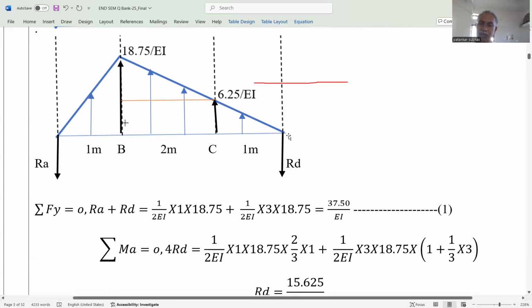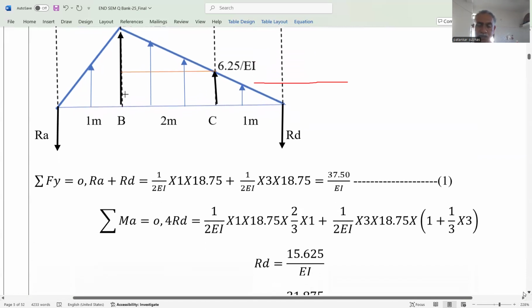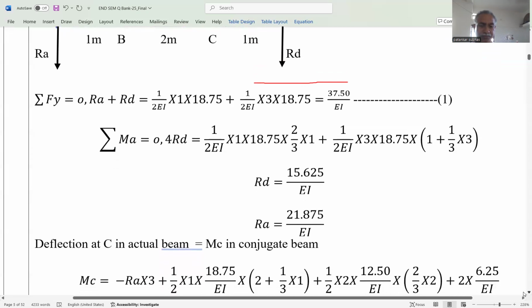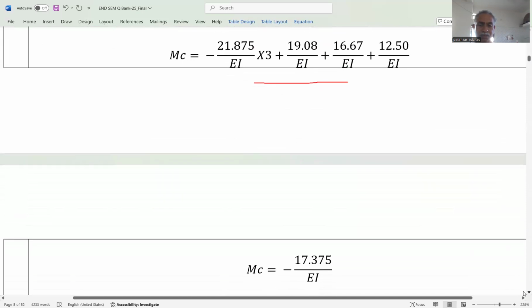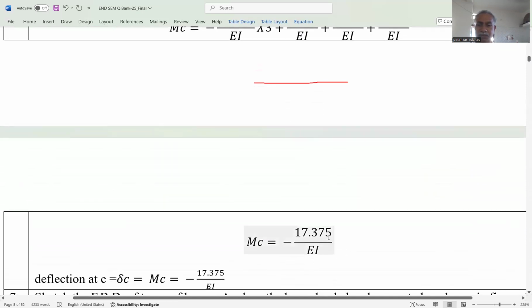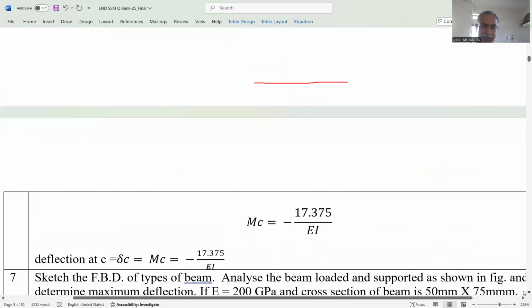But you can also find the moment at C from right to left. Here, from right to left, we have considered only this triangle and the moment due to RD. So we get the moment at C is equal to 17.375 divided by EI.